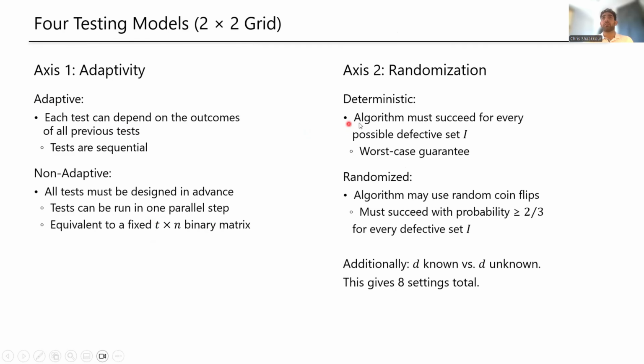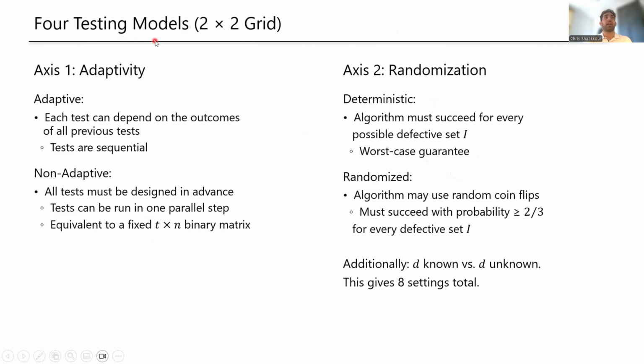Second, we have the axis of randomization. Some algorithms are going to be deterministic, where every single step is fixed and we know everything about the problem. And some of them are going to be randomized, like flipping a coin, where the next step of the algorithm is randomized, or the next input that we put into the algorithm is randomized.